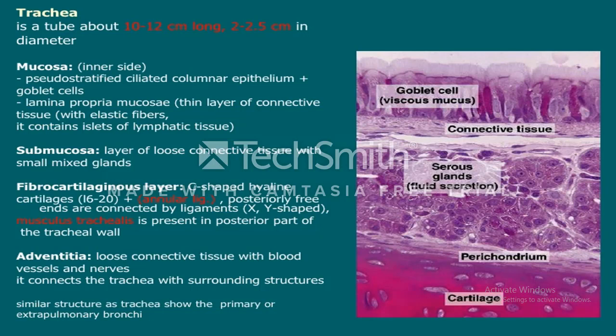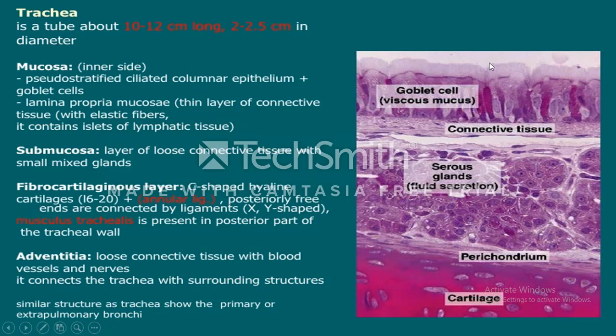Sero and mucosa glands are a type of salivary gland. Adventitia is connective tissue and hyaline cartilage.